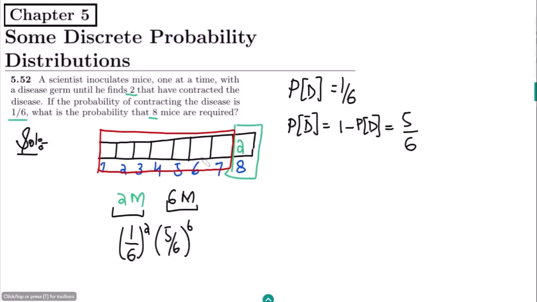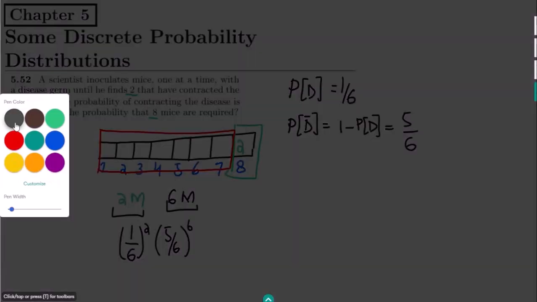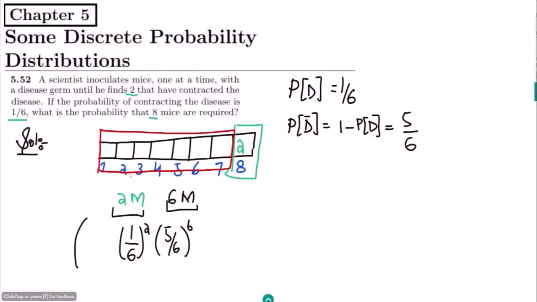In these 7 slots we can have 1 mice which has contracted the disease anywhere, so out of the 7 slots, we can have only one which can get here.